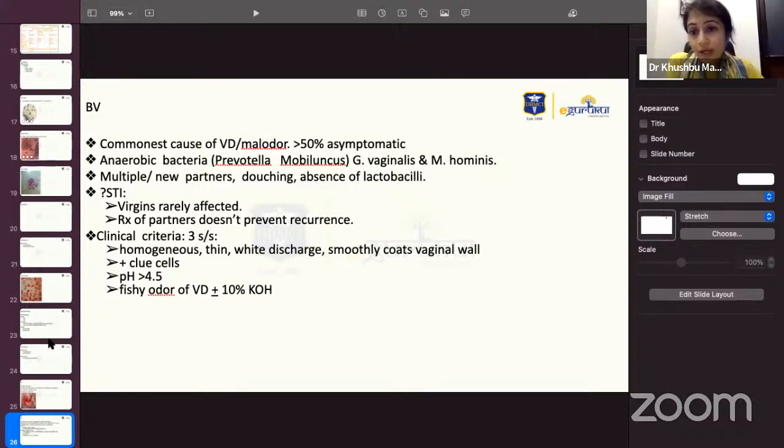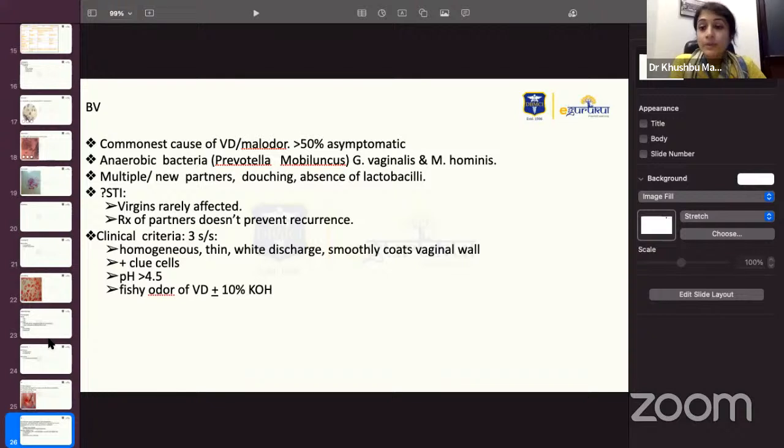We try to do contact tracing and provide them treatment also, because these diseases are sexually transmissible and there are high chances the other person has got the disease. But bacterial vaginosis is one STD where we do not recommend partner treatment, and this is a commonly asked question. So no partner treatment needed for bacterial vaginosis.